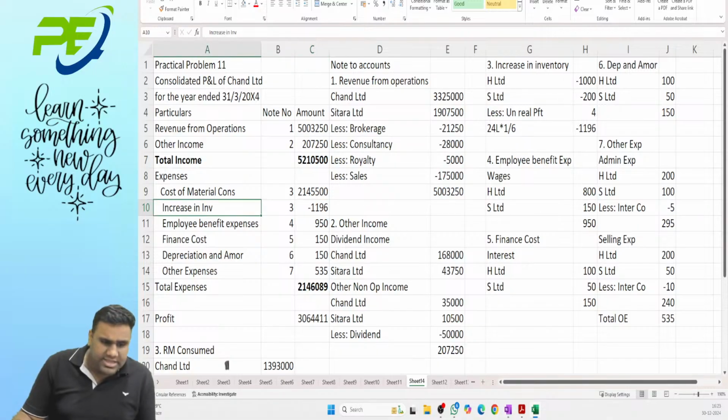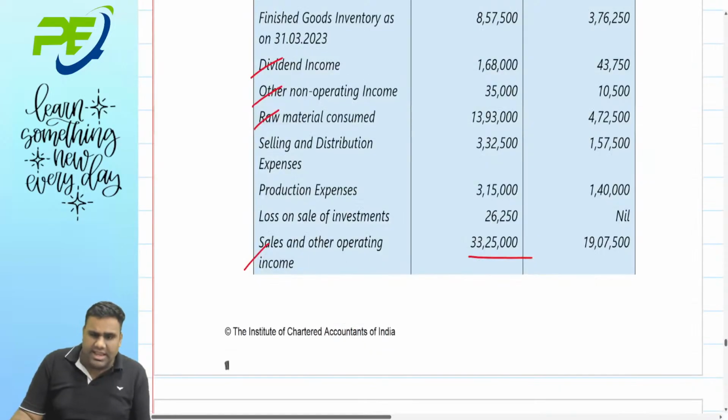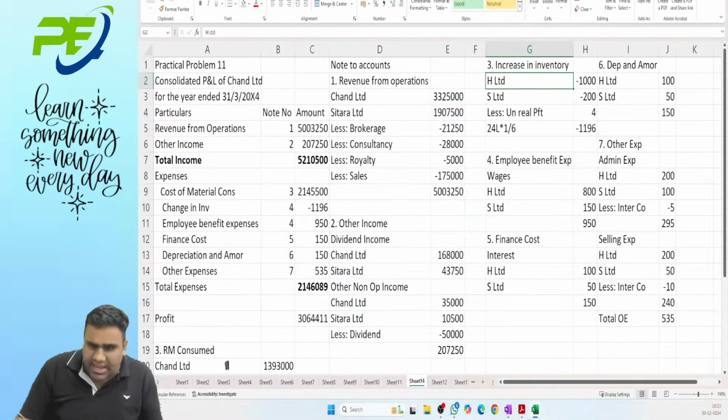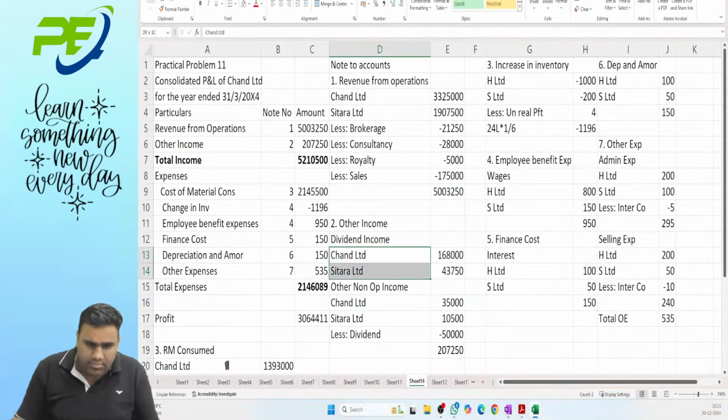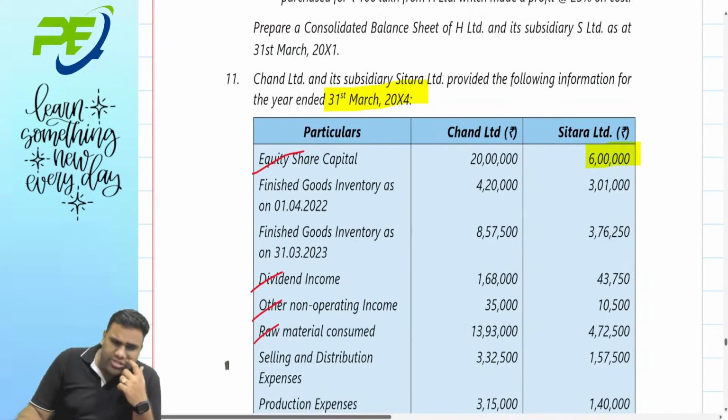Yes. Now change in inventory. This is note number 4. So increase in inventory, Chand Limited and Sitara Limited, everyone. Opening minus closing or closing minus opening?